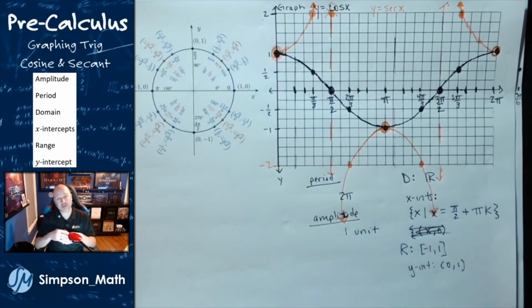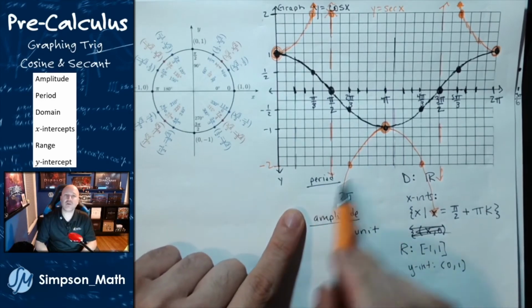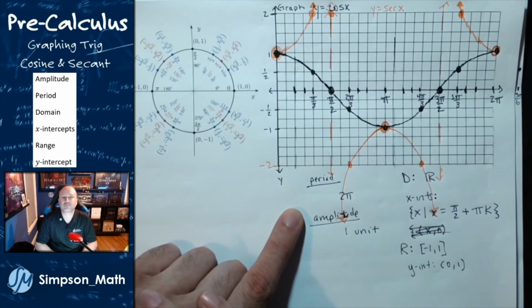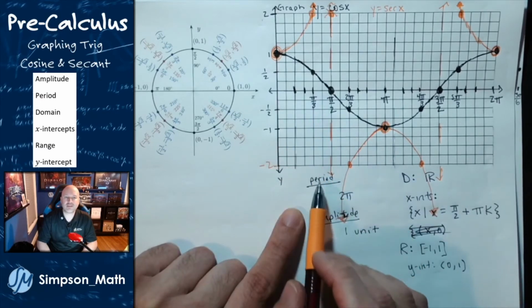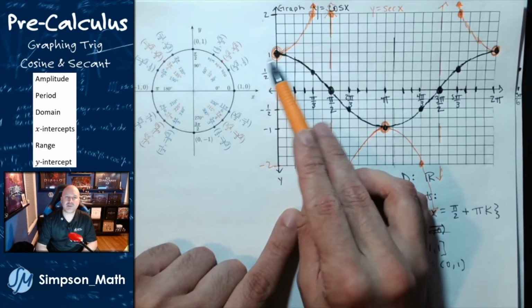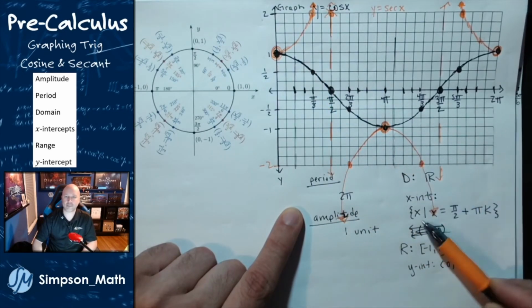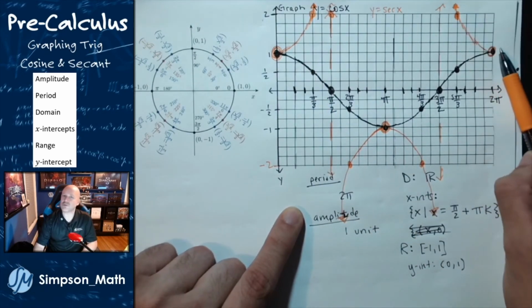All right, while I have a graph up here, I could talk about the period. What would be the period of secant? I'll be writing these in orange as opposed to the black. Well, another way to say that, how long does it take me to repeat myself when I start to graph the secant graph? It looks like 2 pi again.